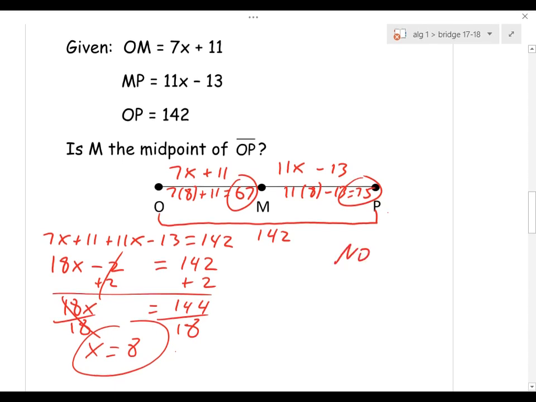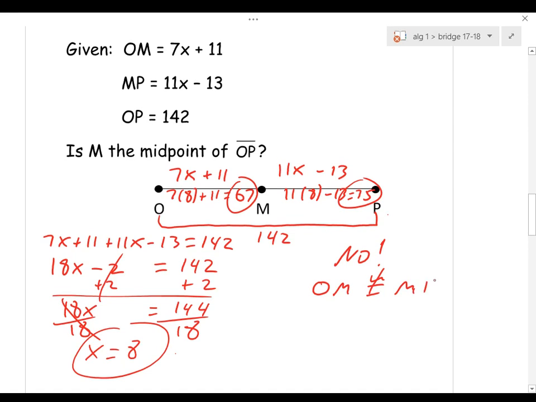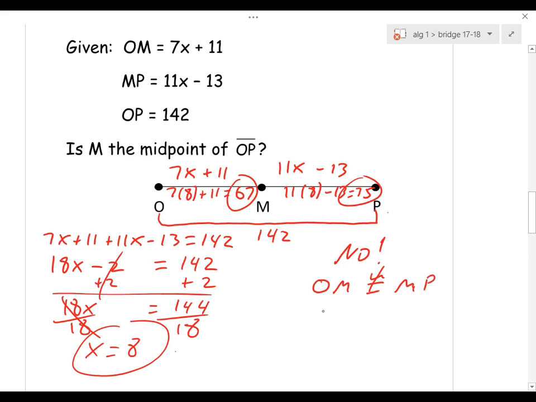So the answer would be no. M is not the midpoint. OM is not congruent to MP. Because 67 does not equal 75.